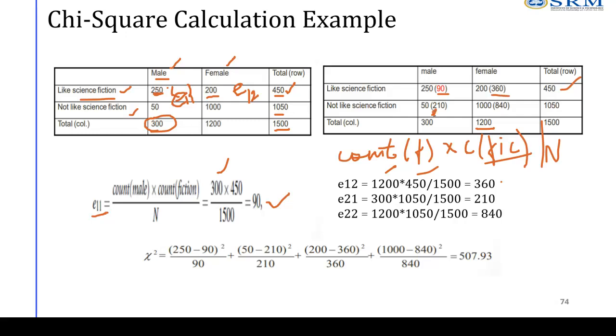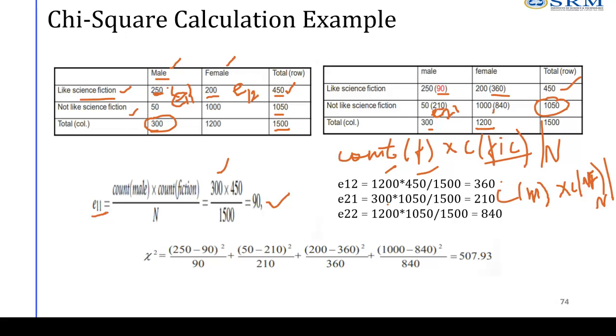When you come to the cell E21, you have the count of male into the count of non-fiction, divided by n. The count of male is 300 into the count of non-fiction, 1050, divided by 1500. You will get 210, which is the expected value of the cell E21.